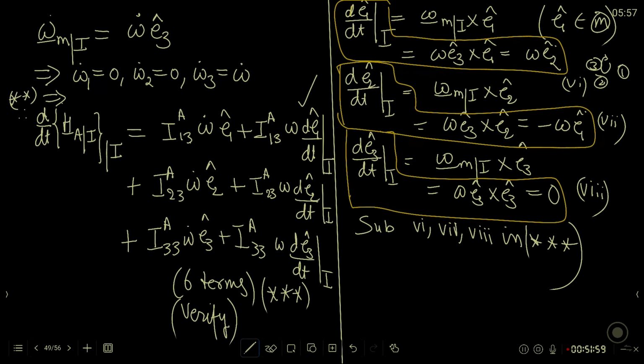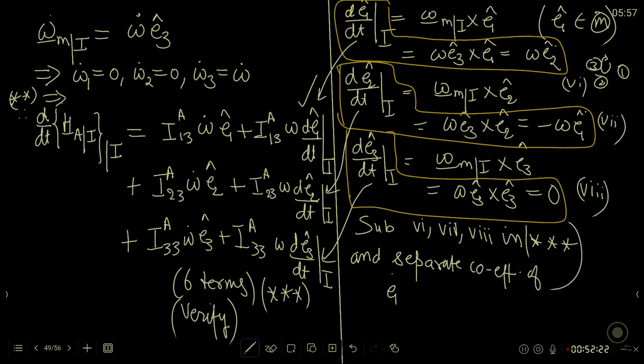And then I will separate coefficients of E1, E2 and E3. We already have some coefficients of E1, E2 and E3 here. Some coefficients will come from here, here and here after I substitute 6, 7 and 8. The final form of what I get for the rate of change of angular momentum is this.